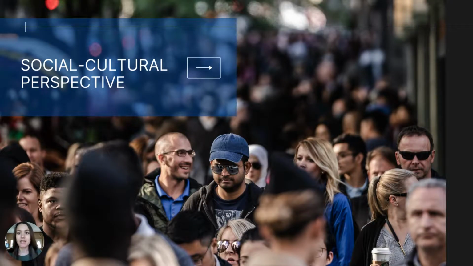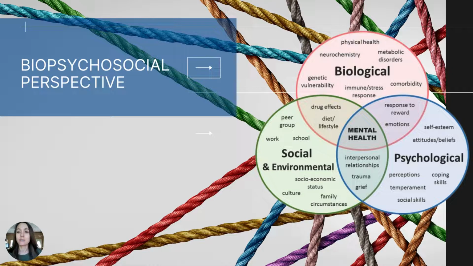Some psychologists take a social cultural approach to explaining the mind and human behavior. The social cultural perspective focuses on how human behaviors and mental processes are influenced by our interactions with others, their social environments, and the norms and expectations of our communities and cultures. And finally, some psychologists take a biopsychosocial approach to explaining the mind and human behavior.